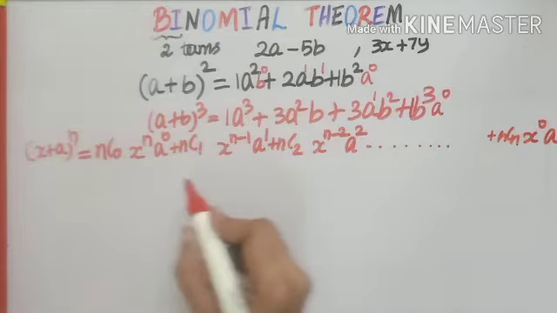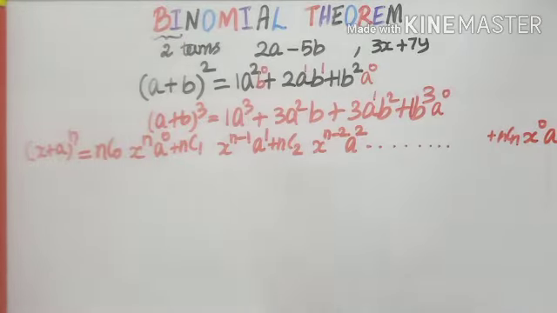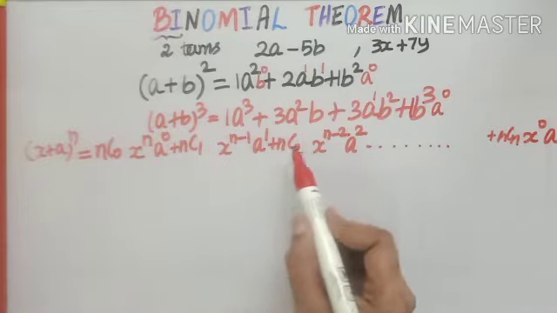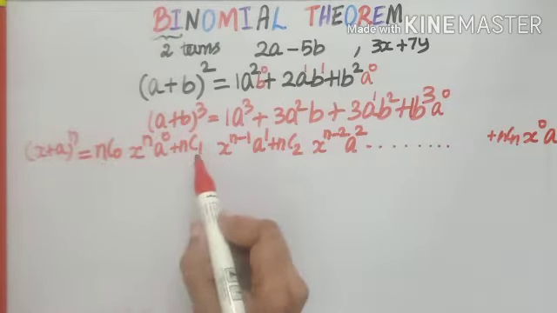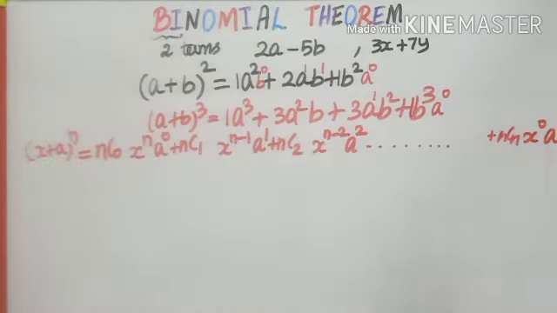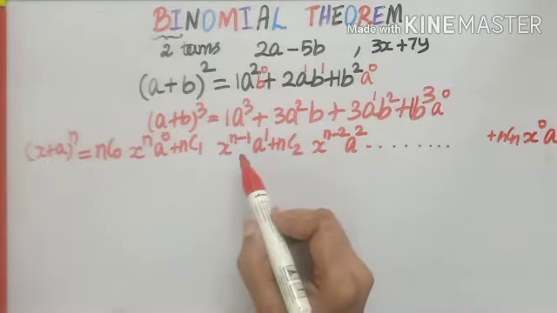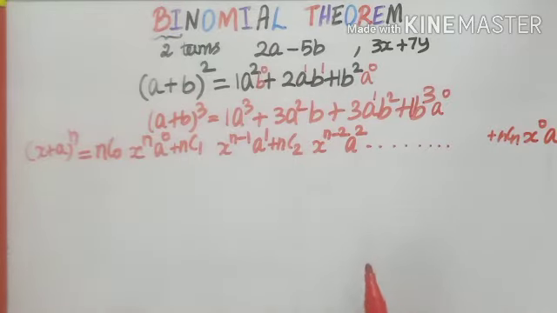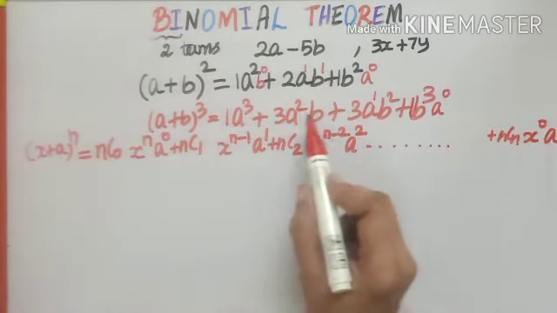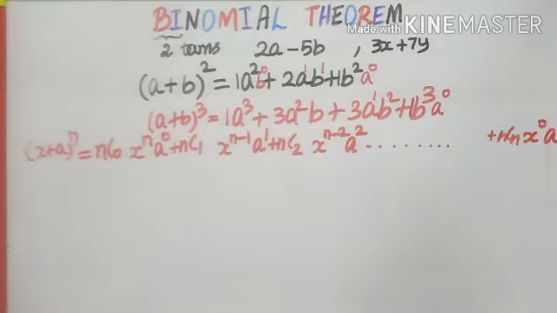So as I see the expansion, first term keeps on decreasing. Second term keeps on increasing. The coefficients are nC0, nC1, nC2 and so on. If you try the same here with n equal to 2, this expansion will come. n equal to 3, this expansion will come. In the exercise, we will do any powers.